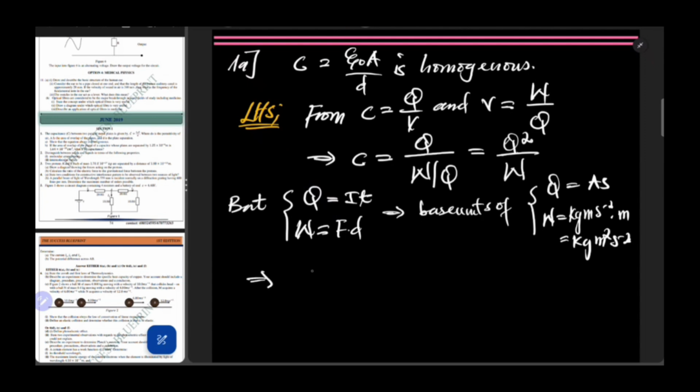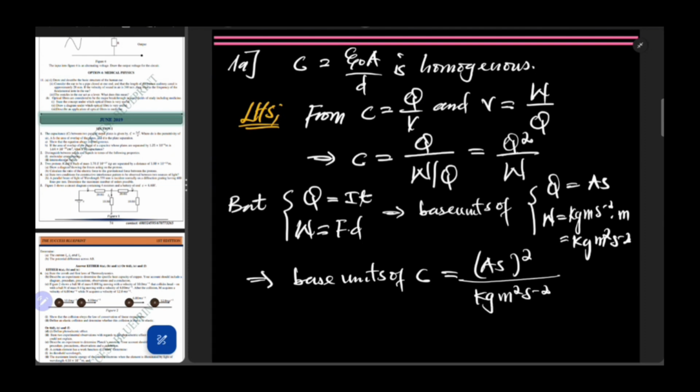So this implies that the base units of C will be equal to the base units of charge all that squared divided by base units of work done. So we have ampere second all that squared divided by kilogram meter squared per second squared.